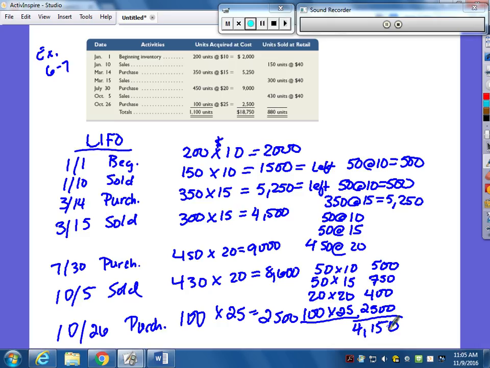So when it says the FIFO and the LIFO, so when we're doing the first, last, and how, like what order do we go in? Whatever was first purchase. So whatever was purchased first is where you pull sold units from.